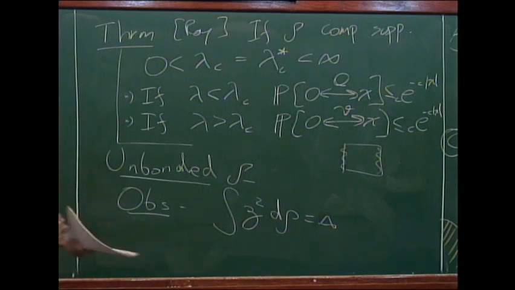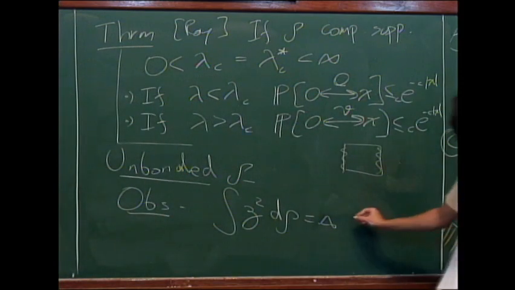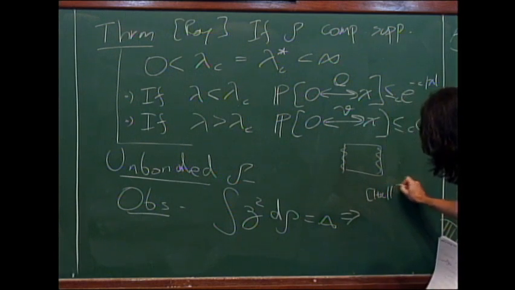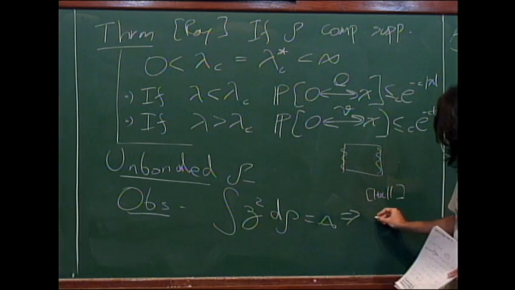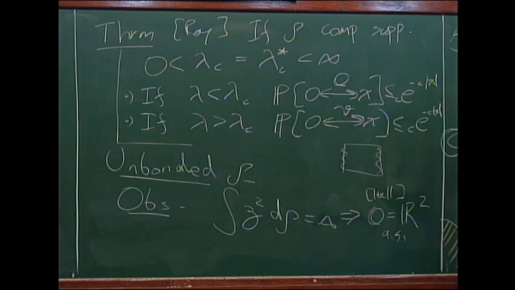So the area of a single ball is infinite in expectation. And Hall observed this in quite a big degree of generality: this implies that the occupied set will be the whole plane with probability 1, almost surely.